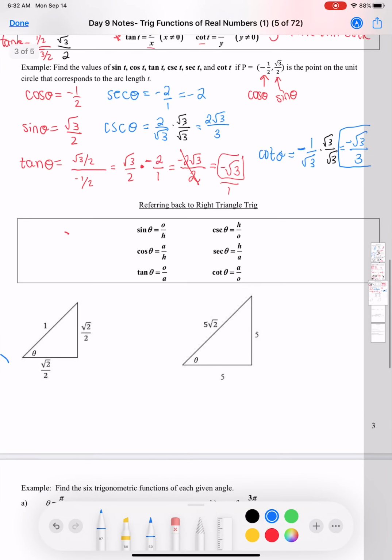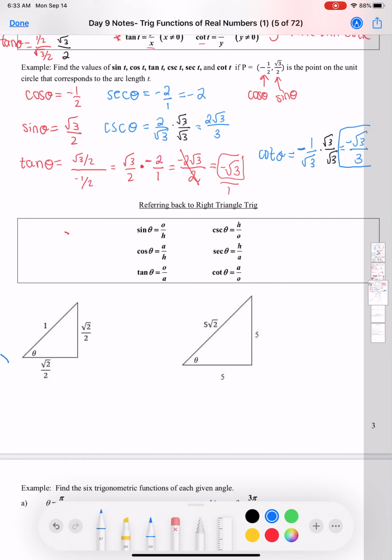So referring back to our right triangle trig, we're going to use those same rules now given triangles. I'm not going to go ahead and find each one of these, just going to mention it real quick, for time purposes.